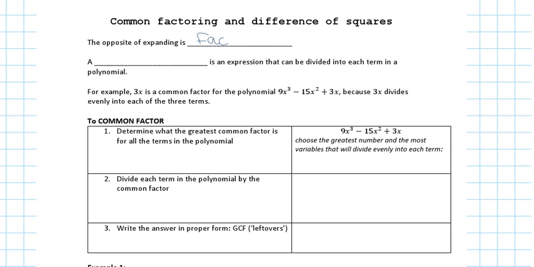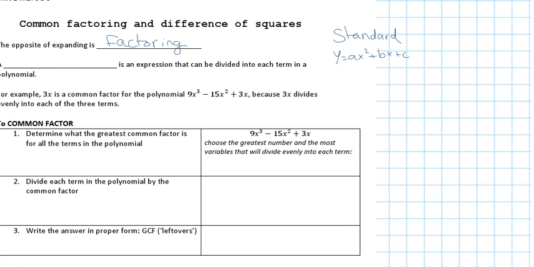The process of going from the standard form, which looks like y equals ax squared plus bx plus c, where a, b, and c are numbers, and a cannot equal 0, to the factored form, which is y equals a(x minus r)(x minus s), is called factoring.